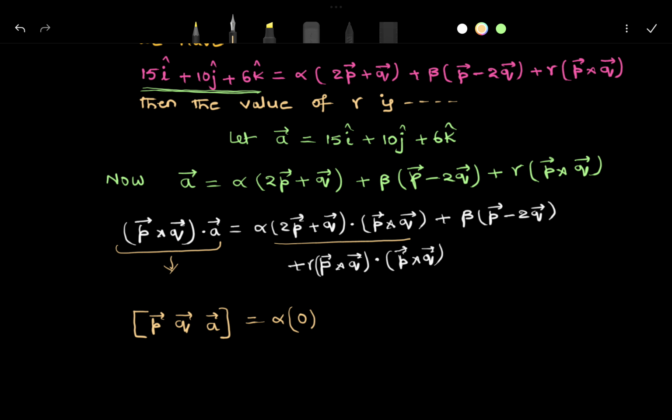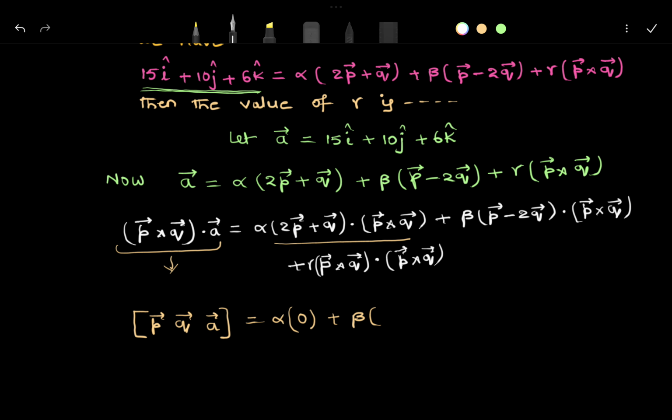So this is 0 plus beta into, and the same thing here also, P bar minus 2 Q bar dot P bar cross Q bar.